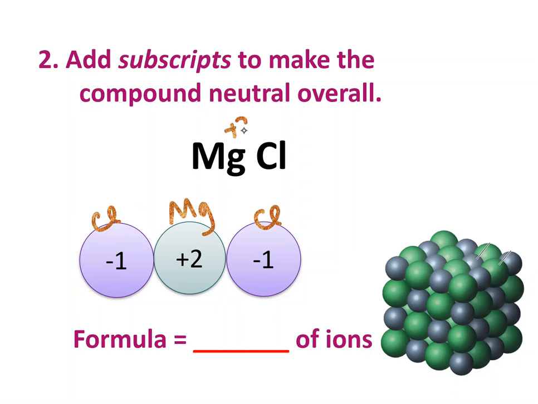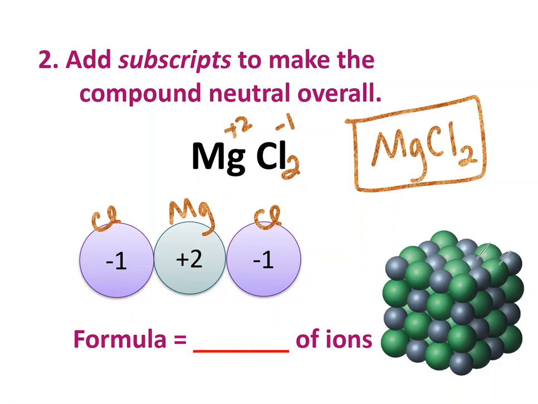Now it's not incorrect to leave those charges up there, but sometimes we rewrite it and clean it up. You don't have to have them up there. But that's the formula for magnesium chloride. And notice that the formula tells you the ratio of ions.